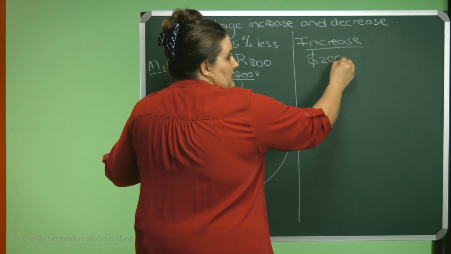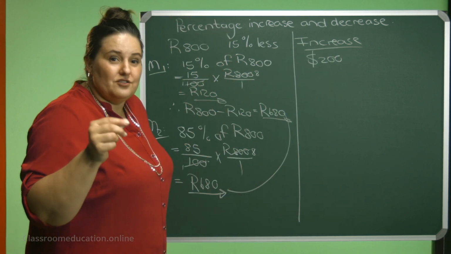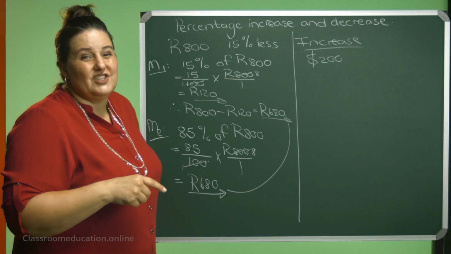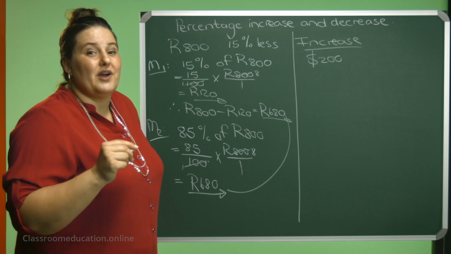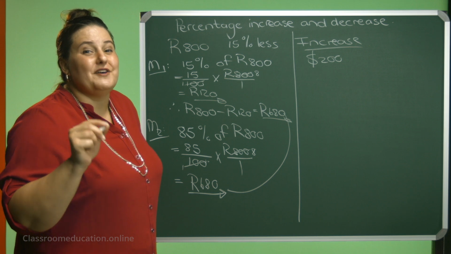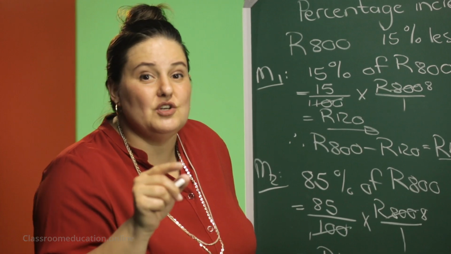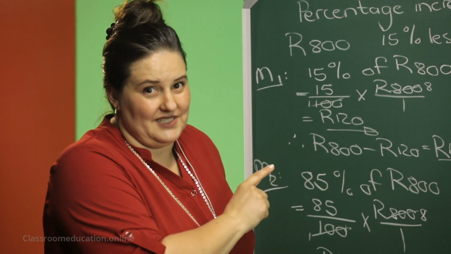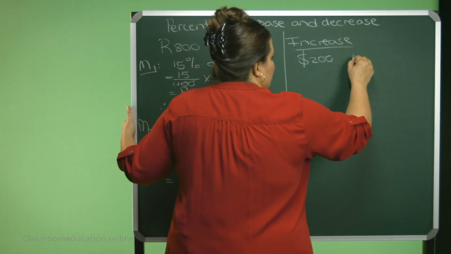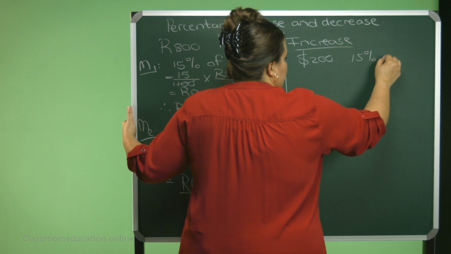But when you got to the shop, there was actually an increase in price. They said that the price will increase by 15%. So you need to pay 15% more than what was advertised. 15% increase.